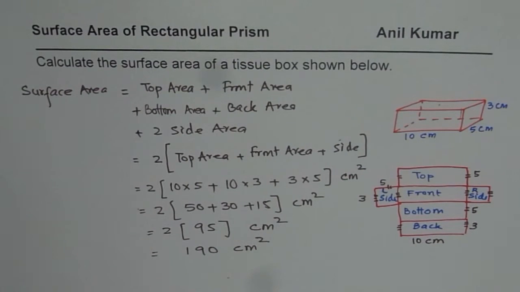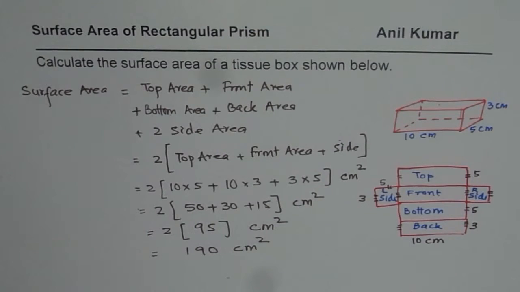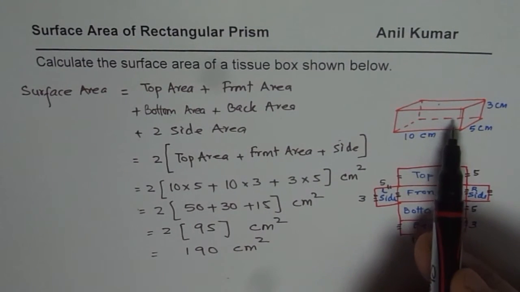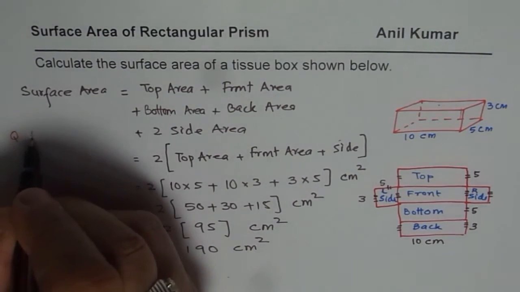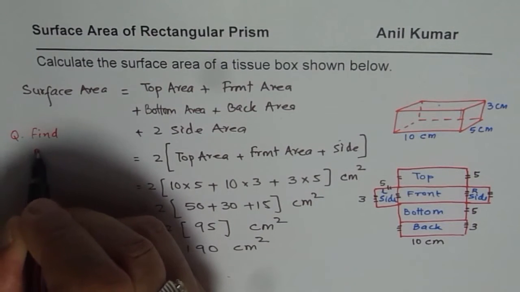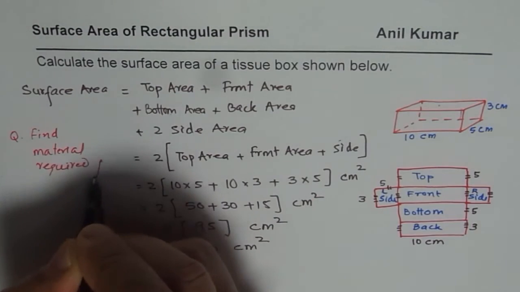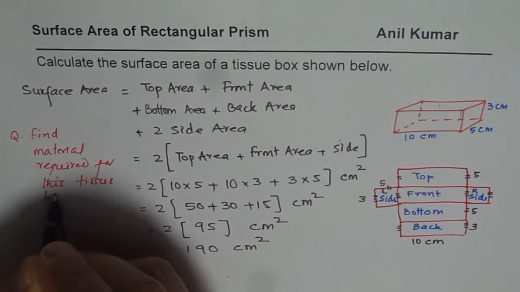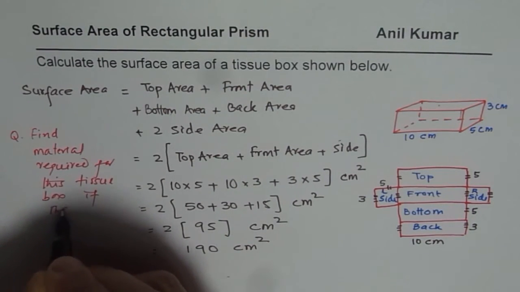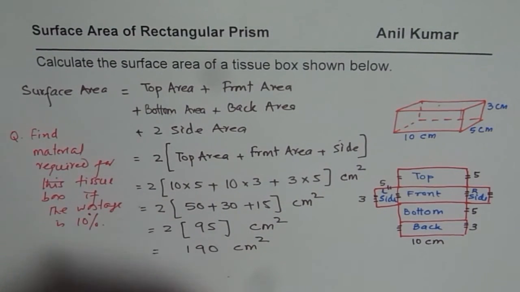Sometimes the question could be, let me add that question for you. The question is, if the wastage in making of a tissue box is 10%, find the area of material required, right? So the question here is, find material required for this tissue box if the wastage is 10%.